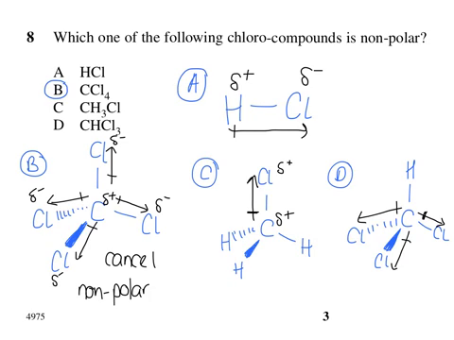But again, I don't show a dipole between carbon and hydrogen. So yes, this molecule has symmetry, but not in terms of its dipoles. There will be an overall dipole that will go down the way in this molecule. So this is also polar. So we can confirm that our answer is B.